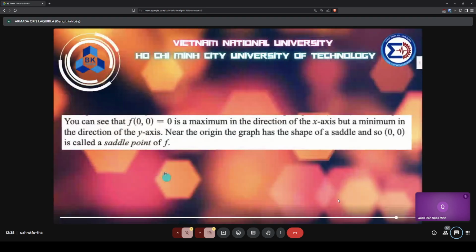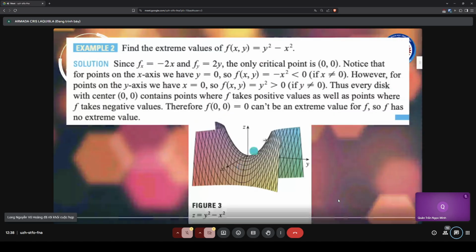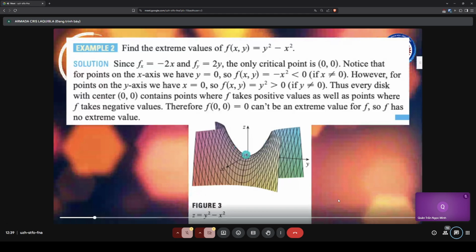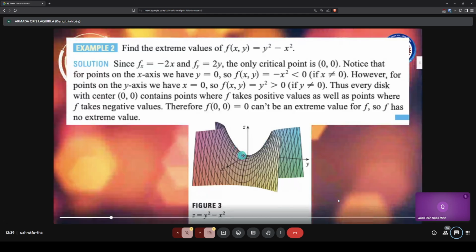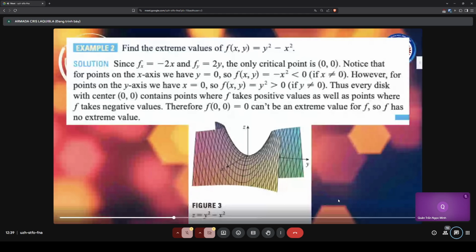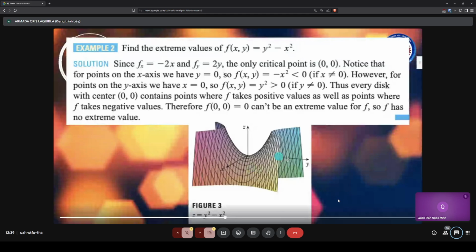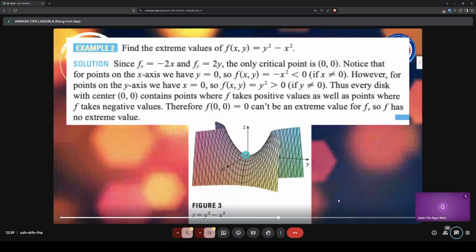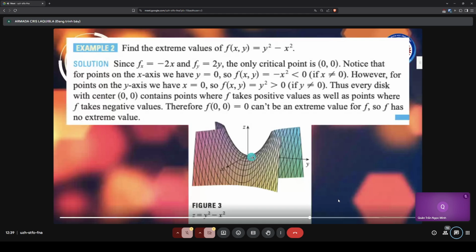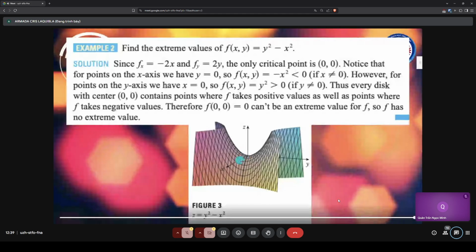So class, if you encounter something like this shape, this point here is called a saddle point. It looks like a lower value, but there are still parts in the lower part, so this is not considered a local minimum. Also it is not a local maximum, because local maxima are found on the top part, not in the center part.